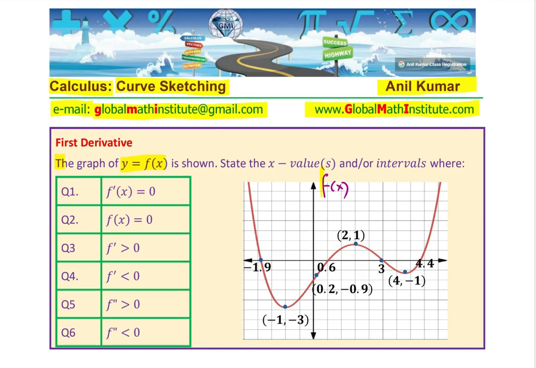Perfect. Now look here once again. First, we wanted to find the stationary points, which are the turning points, right? So stationary points were the turning points. And then we wanted to find the zeros. F of x is 0, which are these points, right? 4 of them.